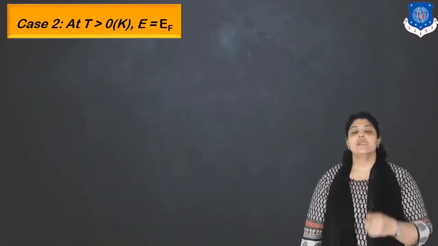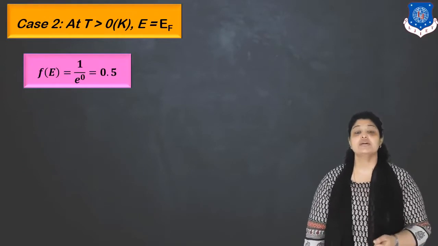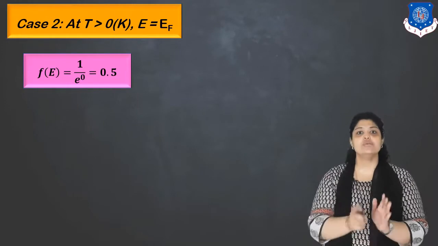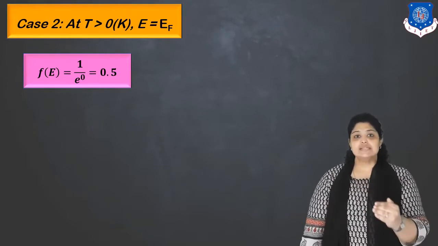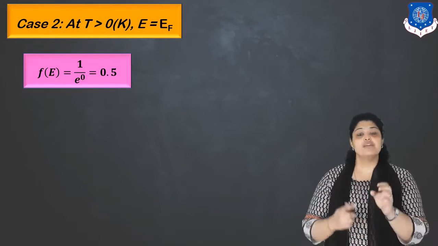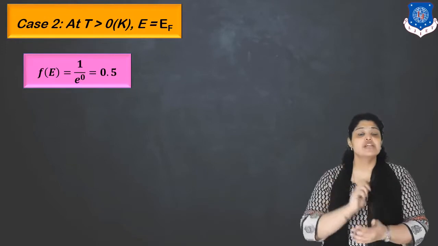Case number 3. We consider a temperature which is non-zero, let us say room temperature, and we consider a particular case that the energy of the electron is equal to EF. So in this case, we have T as non-zero. So F(E), if E and EF are the same, E minus EF will give you 0.